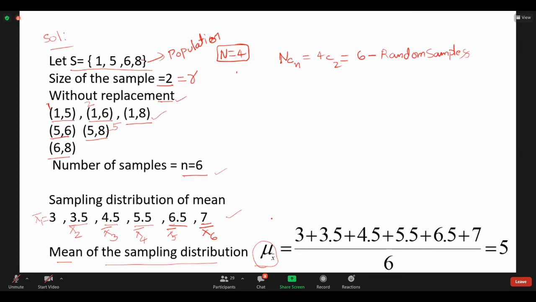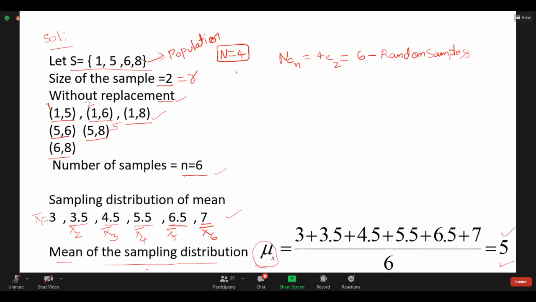We just have to add all the values and then divide by the total number of values. Total 6 values are there. All of you check, you're getting the same thing or not? All of you add these 6 means and divide by 6. So once all of you check, are you getting 5 or not?